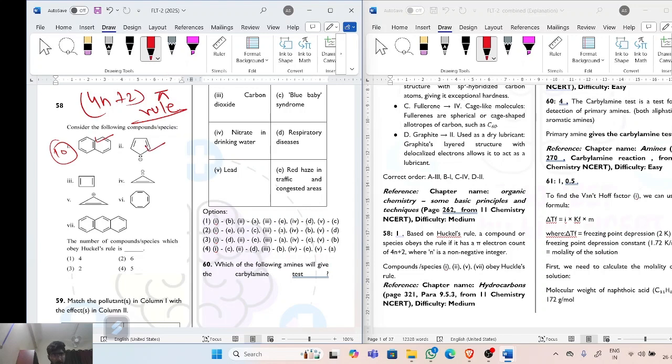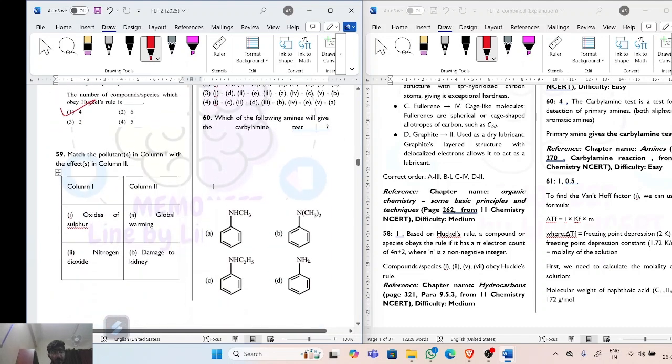In the third we have 4, not obeying. Then one has 2, obeying, and one has 8, not obeying. 1 2 3 4 5 6 7, 7 multiplied by 2 is 14, means it is obeying. So option number A, with 4 compounds, will be our correct answer. Now question number 59.